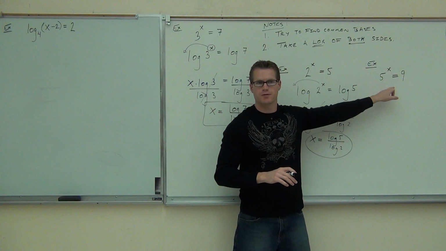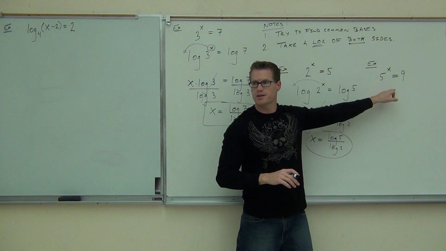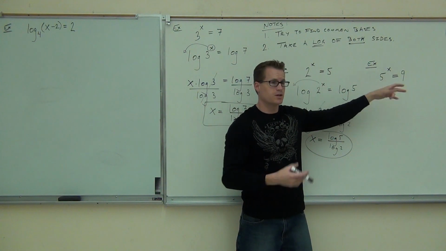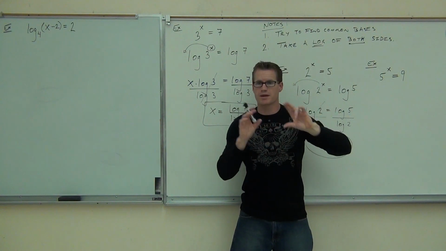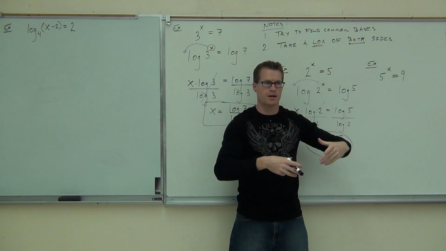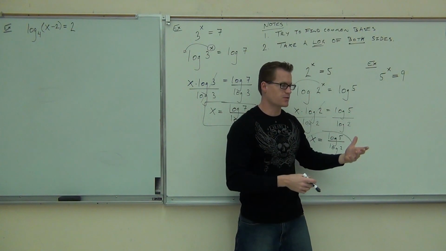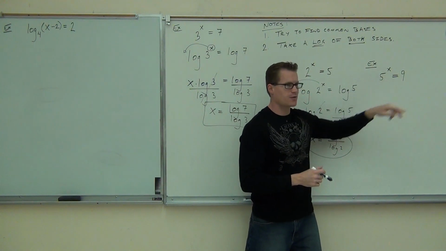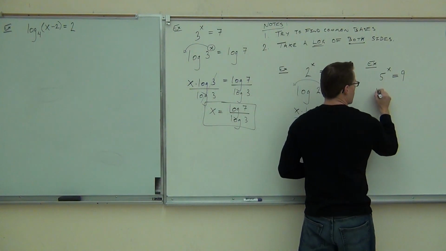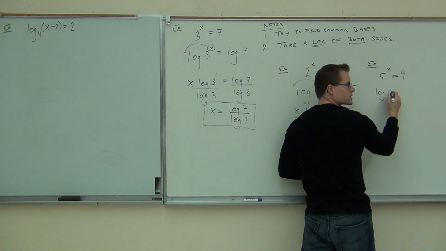Is it an exponential, first off? Yes, for sure. Can you find common bases? No. If you could, then you'd be doing it a different way. You just write them with common bases, set your exponents equal to each other, and solve that. You'd get a nice value. However, if you can't find common bases, well, we know there's another option. There is, you can take a log of both sides.